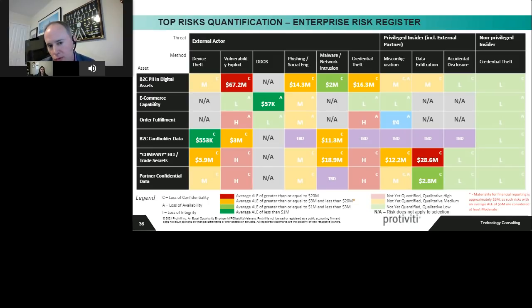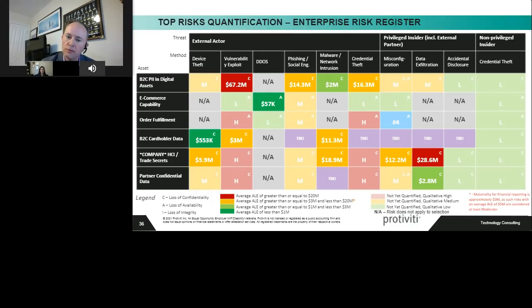And then what we started to do, and NISTIR recommends that you do have a risk register like this, right? But what we started to do then was look at top risks and quantify those that stood out, that were things that the organization really cared about. And I want to call your attention to this little blurb in the lower right-hand corner that got added, which is all about risk appetite.